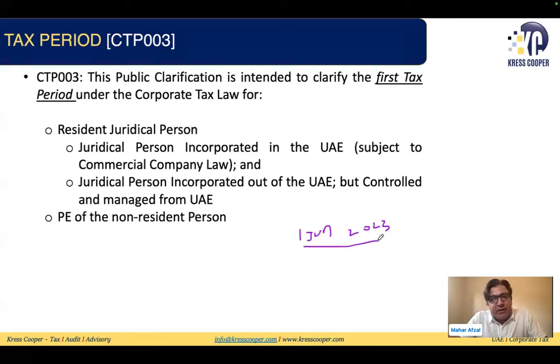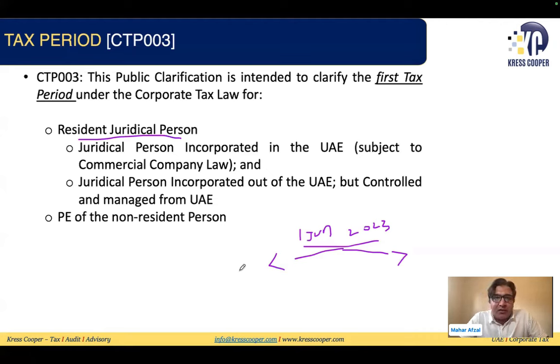There is a possibility that the company, the resident juridical person, has been set up before or after this date. If the company has been set up before the 1st of June 2023, the possibility is that its financial period is ending on 1st June, 31st July, 1st of August, or any other date after that.